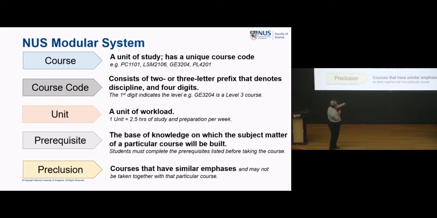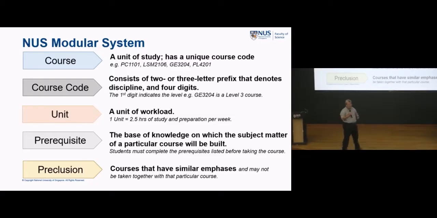And for most of our courses, we have what we call units. You will acquire 4 units for most of the courses. So, for example, if you take 5 courses per semester, that semester you will have 5 times 4 units, which means you have 20 units.